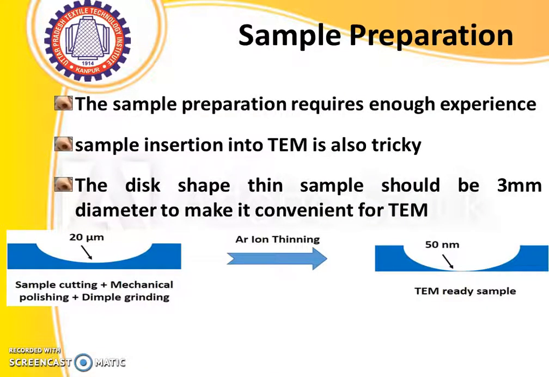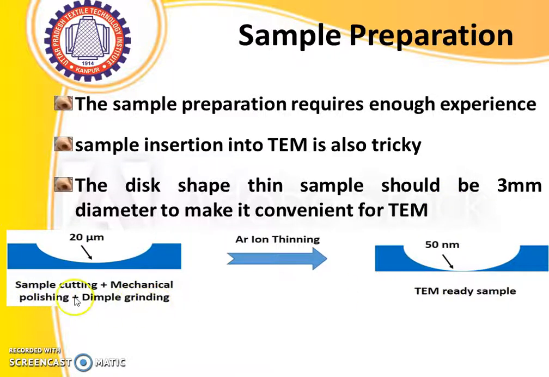Sample preparation is a very tedious, very tricky part of TEM. It requires enough experience. Sample insertion into TEM is also tricky. The disc shaped thin sample should be 3 mm in diameter to make it convenient for TEM.